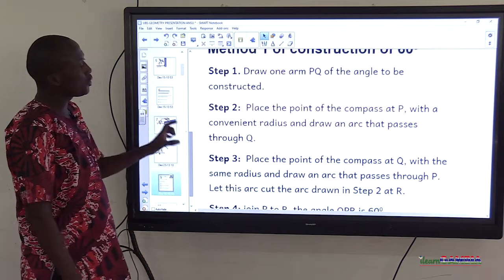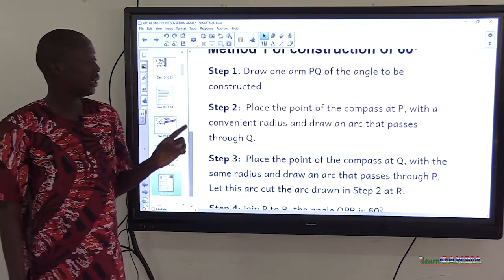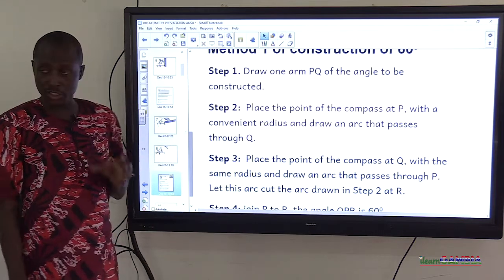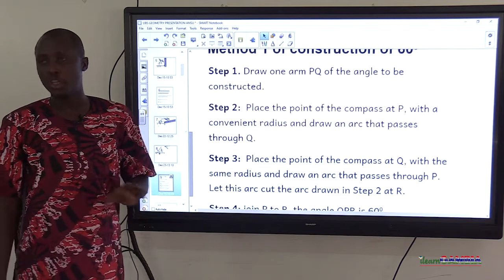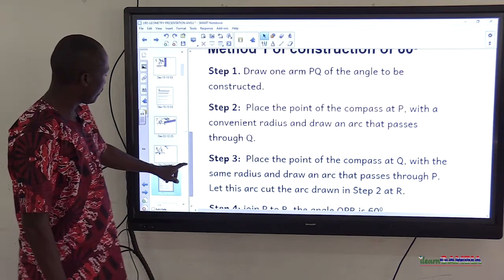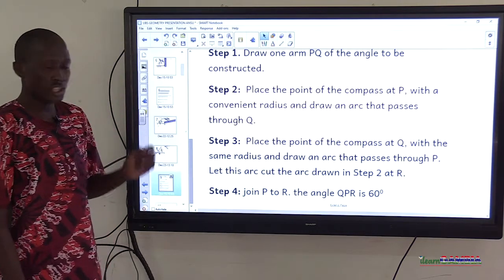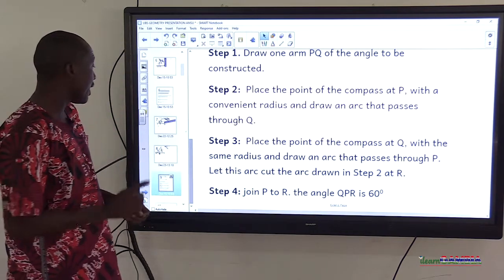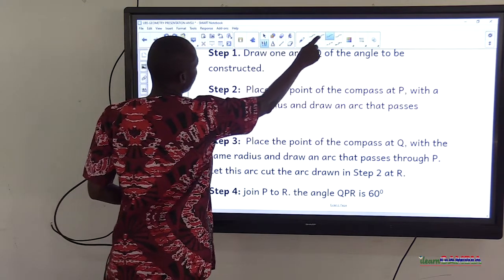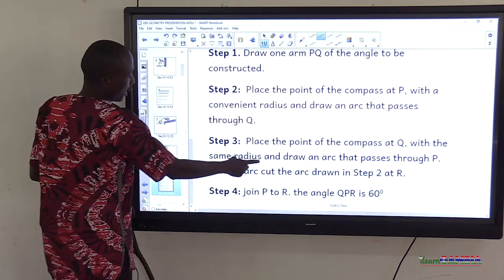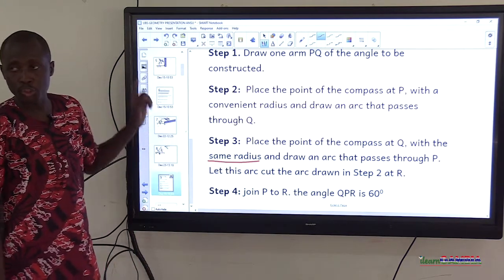Step 2, we place the point of the compass at point P. With a convenient radius, draw an arc that passes through Q. Step 3, we place the point of the compass at Q with the same radius. This is very important. The radius you had in step 2 should not be changed.